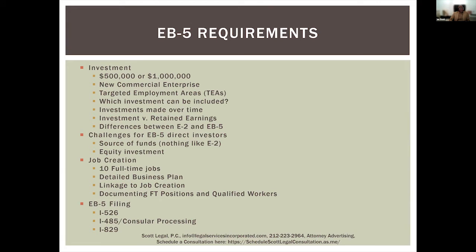The other aspect with respect to what makes something a TEA is constantly changing, and that is that an area is a TEA if the area has an unemployment rate of 1.5 times the national average. So right now the unemployment rate is around 3.9%. So if somewhere had an unemployment rate of 6%, then that would be a targeted employment area.